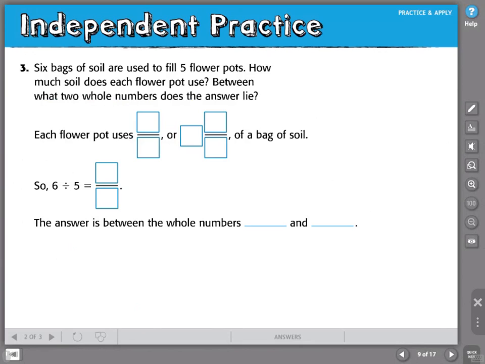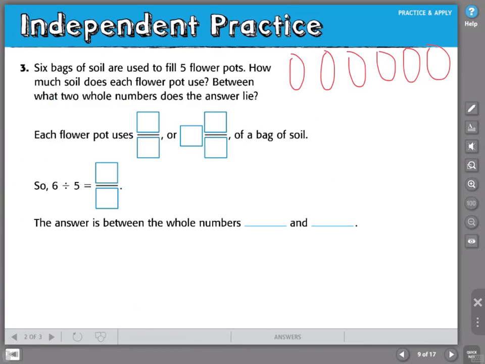Let's try one more practice problem. Here, 6 bags of soil are used to fill 5 flower pots. How much soil does each flower pot use? Between what two whole numbers does the answer lie? So here I've got 1, 2, 3, 4, 5, 6 bags of soil. And I need to use them to fill 5 flower pots.